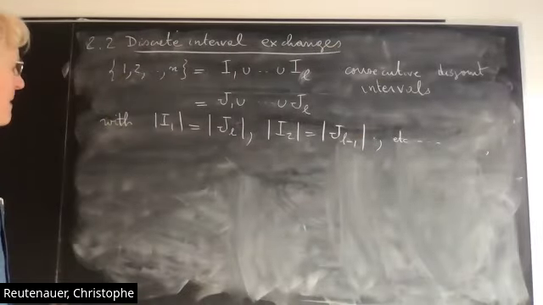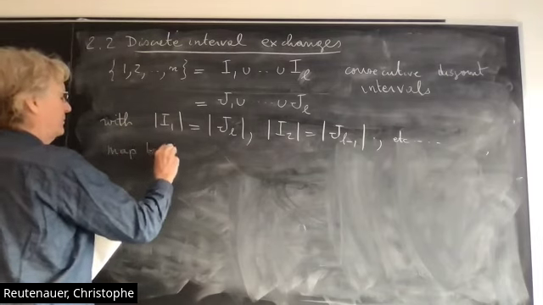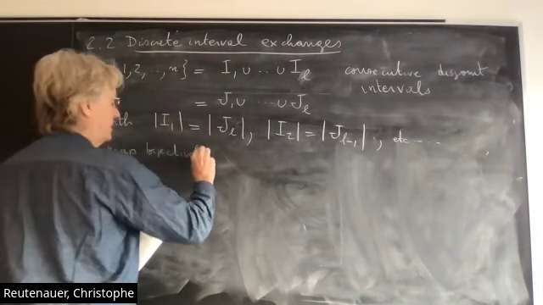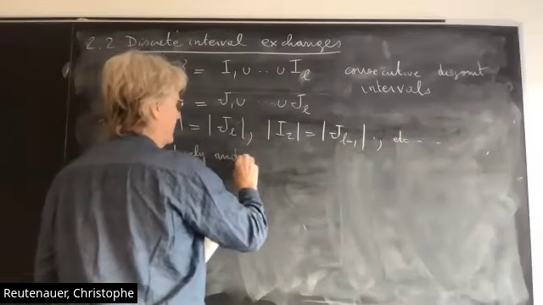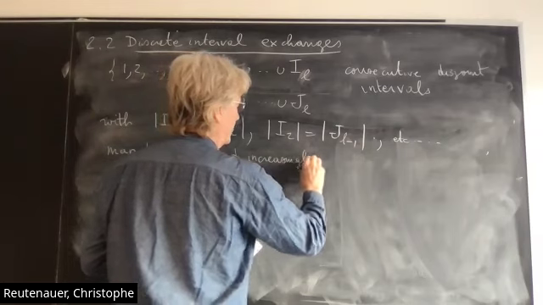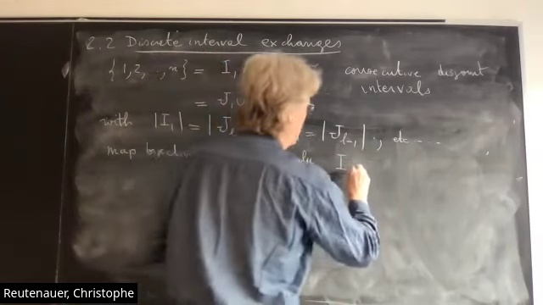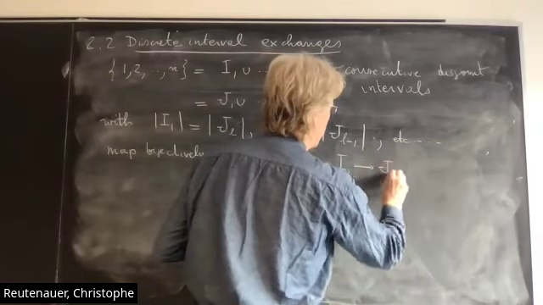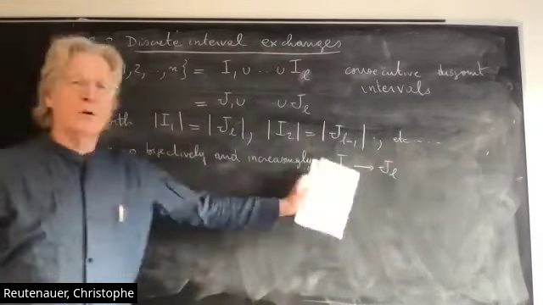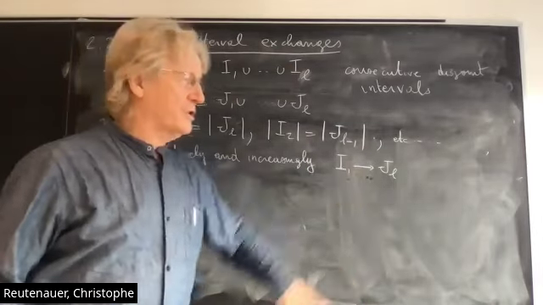So now we map bijectively and increasingly each interval I1 onto J_L, they have the same cardinalities. So there is a unique bijection which is increasing.